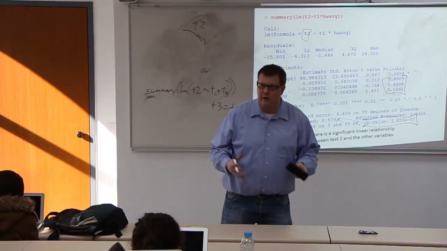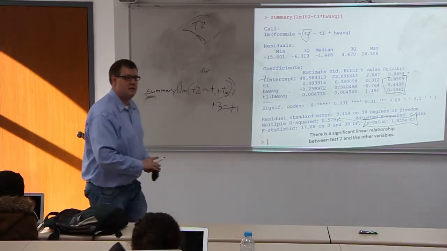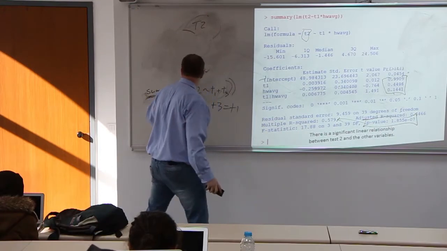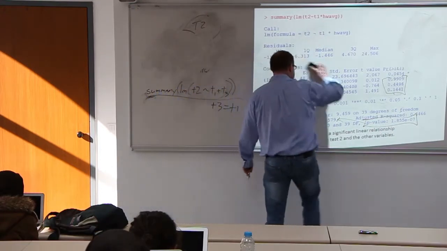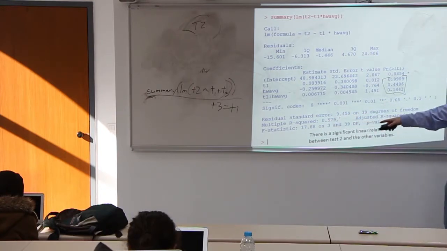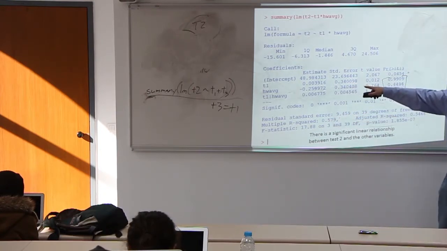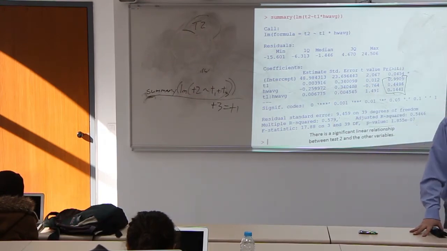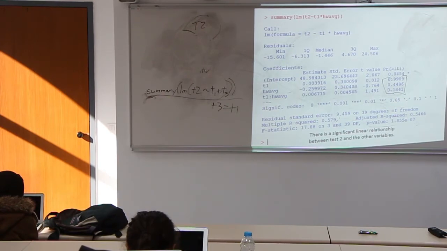They didn't account for any unique variance in what was left over. I have not done this, but what I'm guessing is that you will have a significant R squared, but your T1 and T3 should not be significant. There is no value for T3. It says NA, probably because they're perfectly correlated.